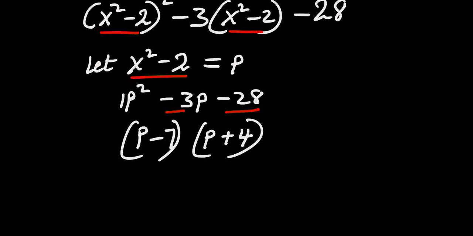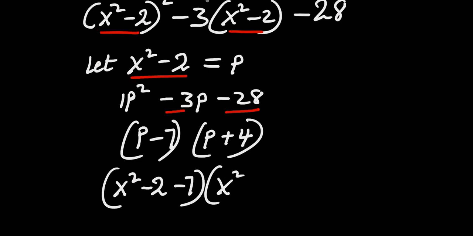So let's bring it back, and this will become x squared negative 2 negative 7 close parenthesis x squared negative 2 plus 4. Good.